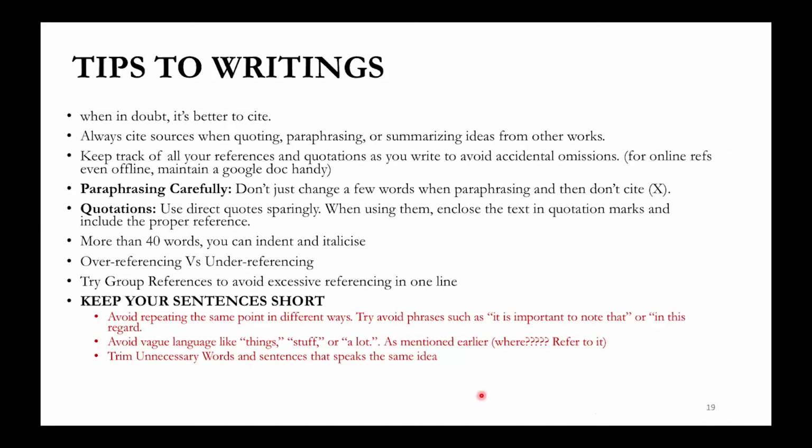For example, when in doubt, it's better to cite. It is always good to cite, and make sure you are citing the sources when you're quoting and when you're paraphrasing. Often we take ideas from a particular scholar and feel, oh, this is a nice idea.